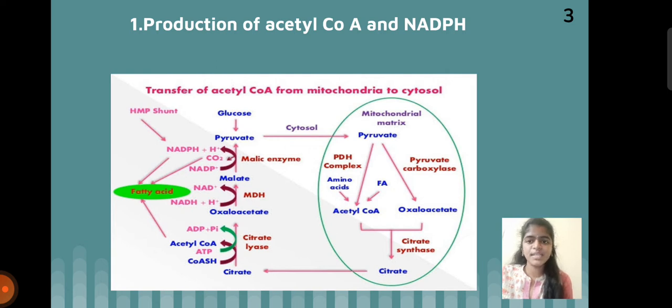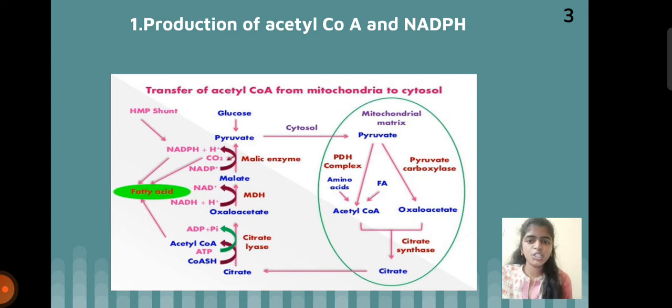The citrate present in the mitochondrial matrix now enters the cytosol, and the citrate over here is again formed into oxaloacetate by the enzyme citrate lyase. Also, ATP is converted to ADP plus Pi, and acetyl-CoA is formed from CoASH. The oxaloacetate is further formed into malate through the enzyme known as malate dehydrogenase.